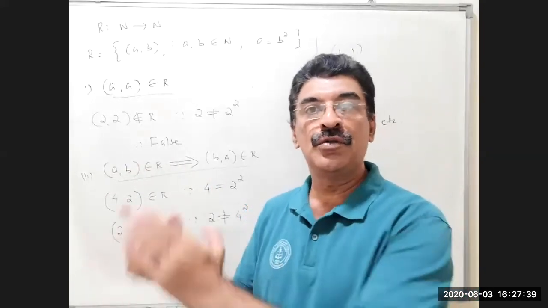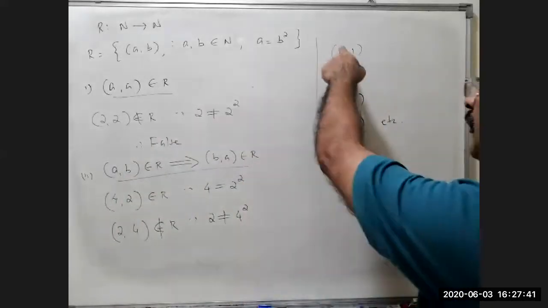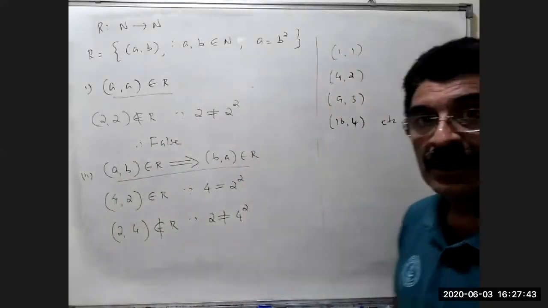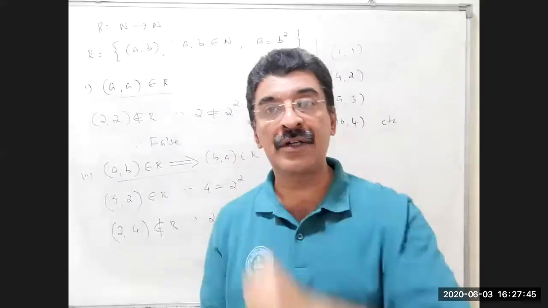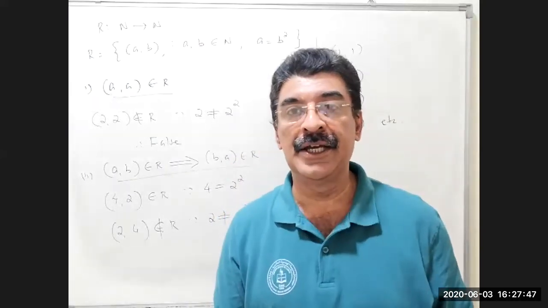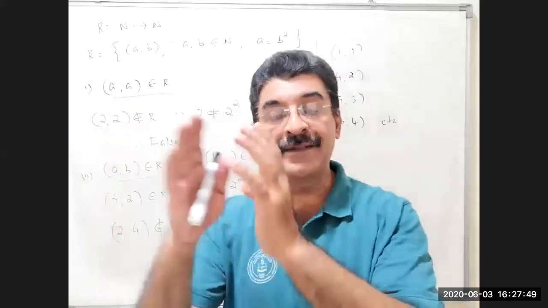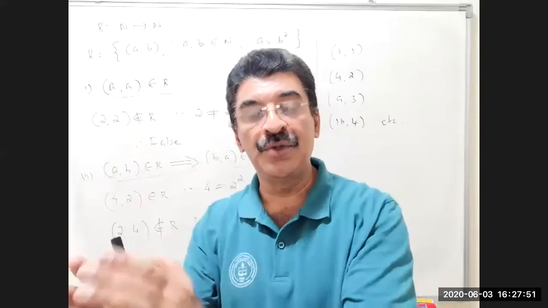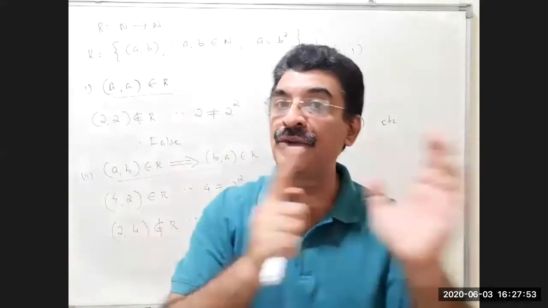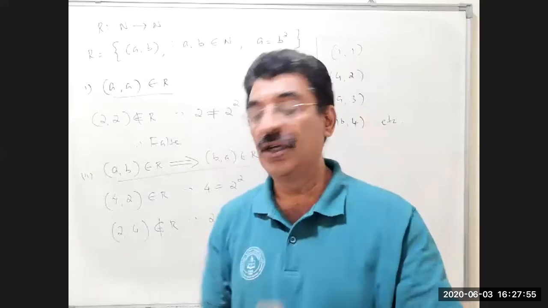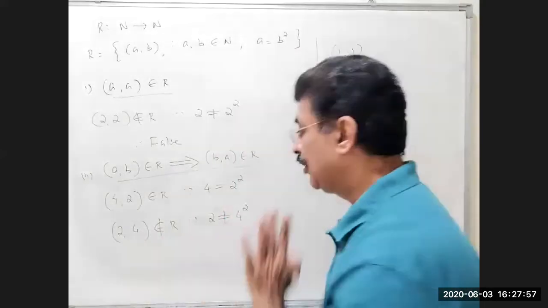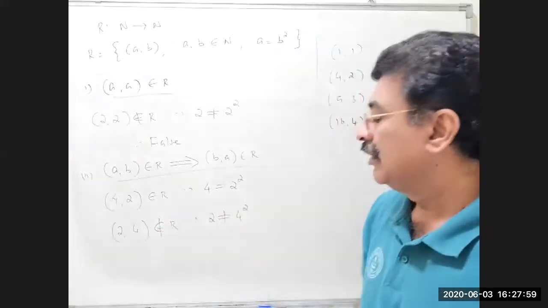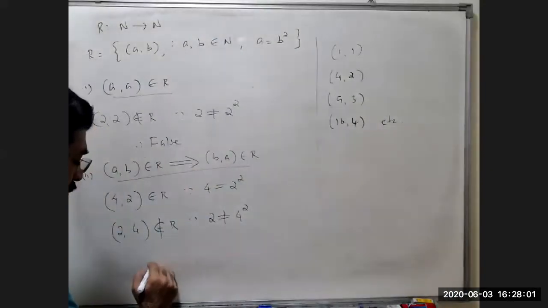So (4, 2) belongs to this relation, you can see it. Whereas (2, 4) we cannot consider in this relation. To consider (2, 4), the first number 2 has to be the square of the second number, which is wrong. 2 is not the square of 4. So, therefore, this is also false.